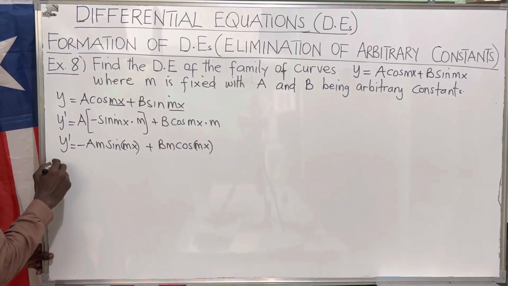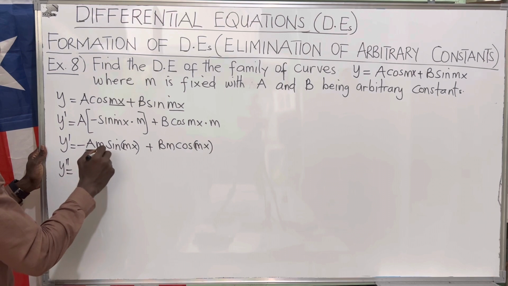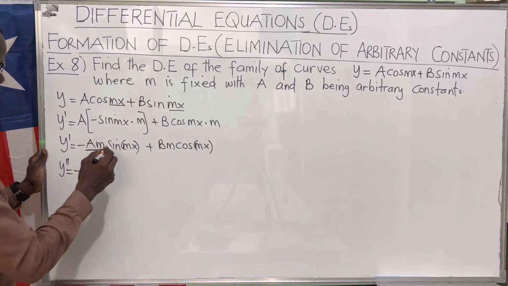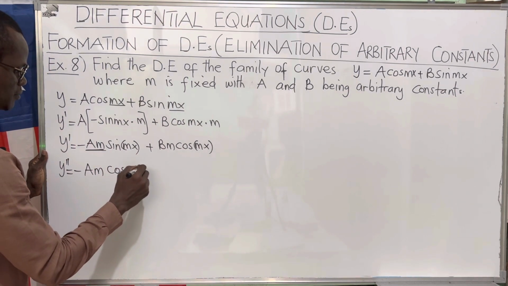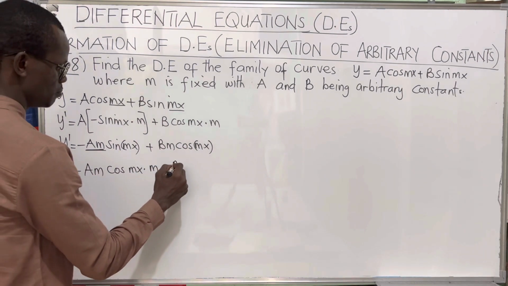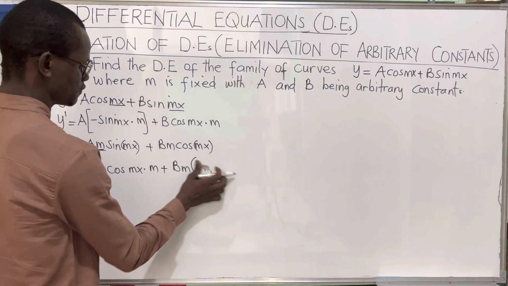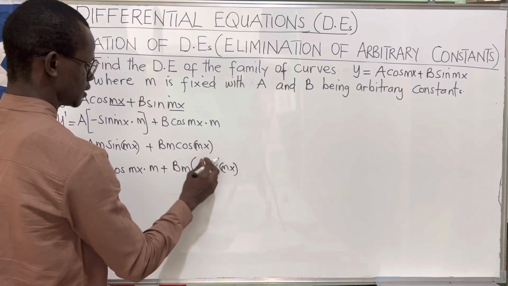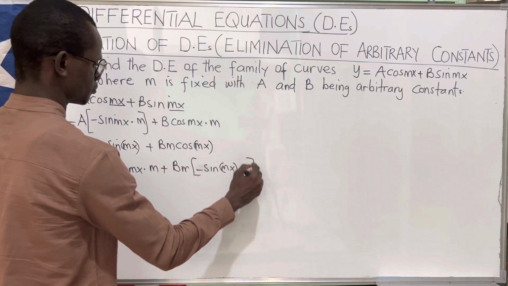So we find the second derivative, y double prime. These are all constants, so we have minus am, and we differentiate sine to get cos of mx times the derivative of mx, which is m, plus bm, and we differentiate cos to get negative sine of mx, times the derivative of mx, which is just m.